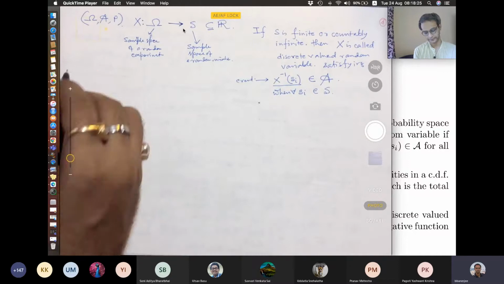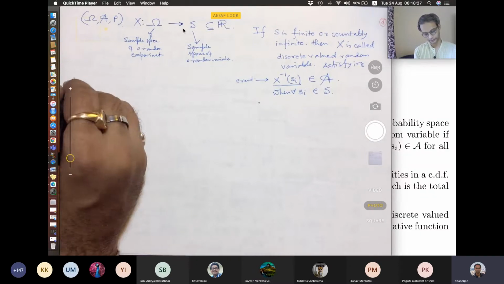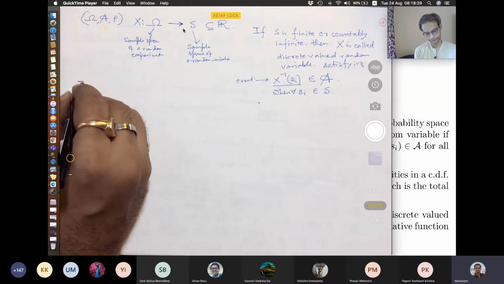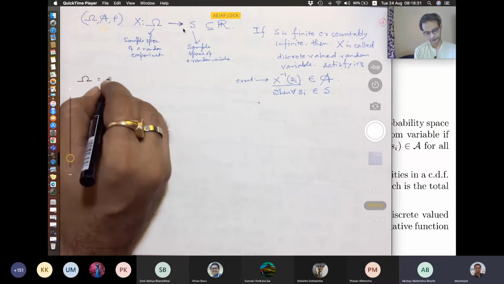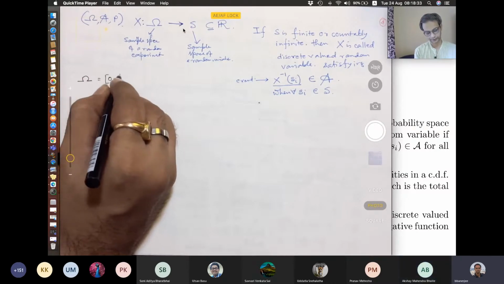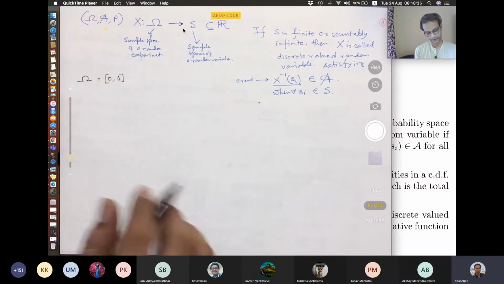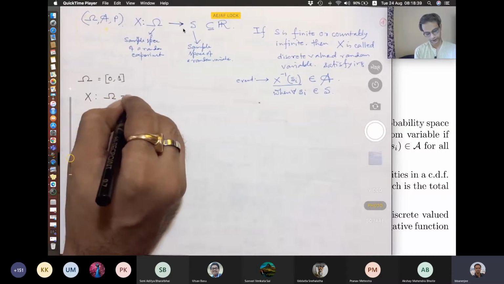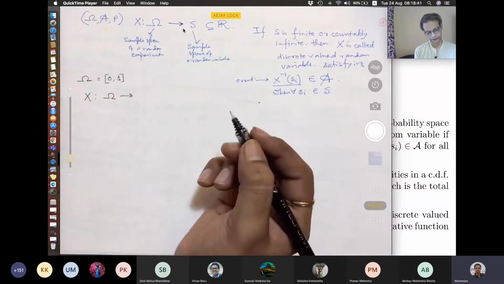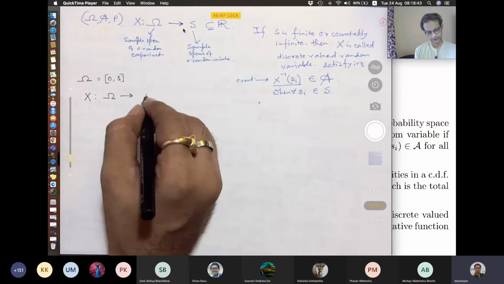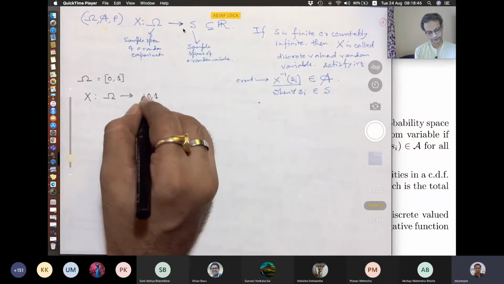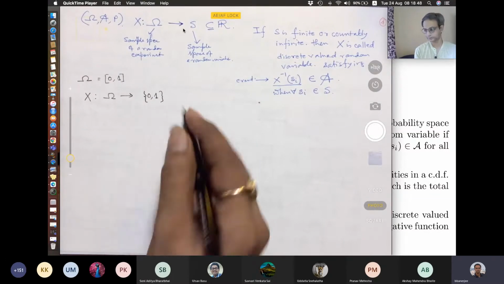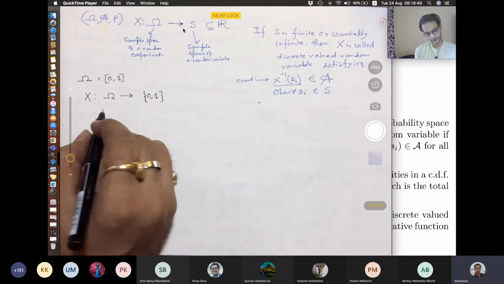A very quick example you can think of: omega is 0 to 1, and you are mapping X of omega to, let us say, a very simple thing, 0 and 1. Remember this thing.